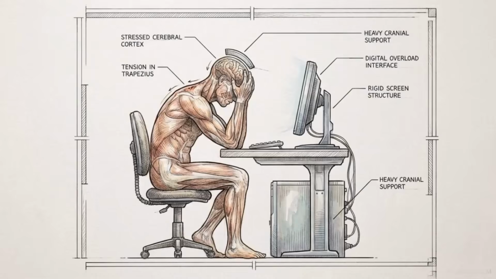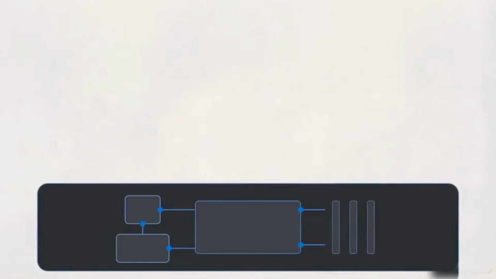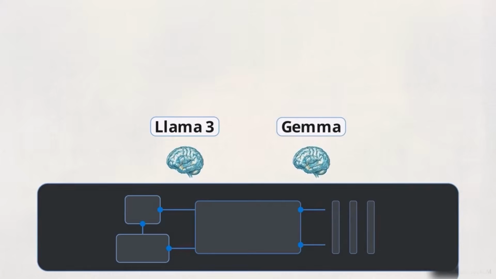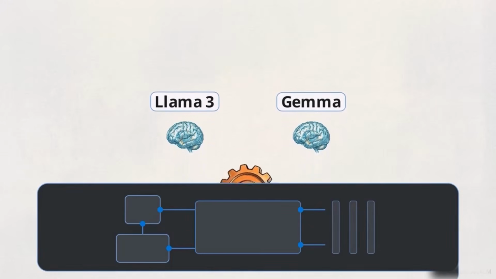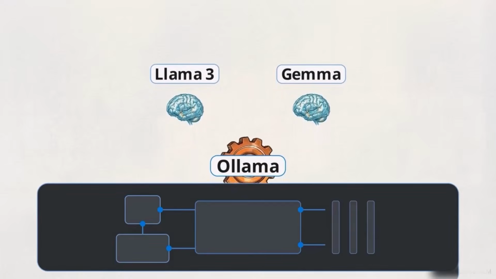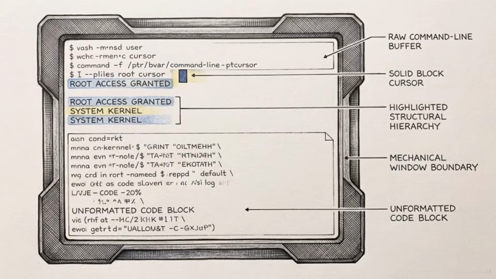The problem is that doing so introduces a severe usability gap. To run open source models like Meta's Llama 3 or Google's Gemma on a standard computer, you need a foundational software engine called Ollama. Look at this interface. Ollama lacks a graphical dashboard, meaning it communicates exclusively through raw command line code.